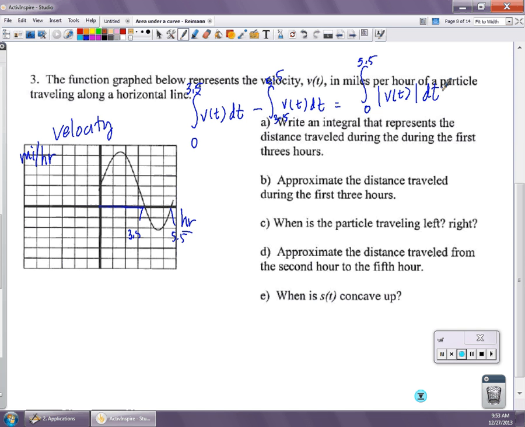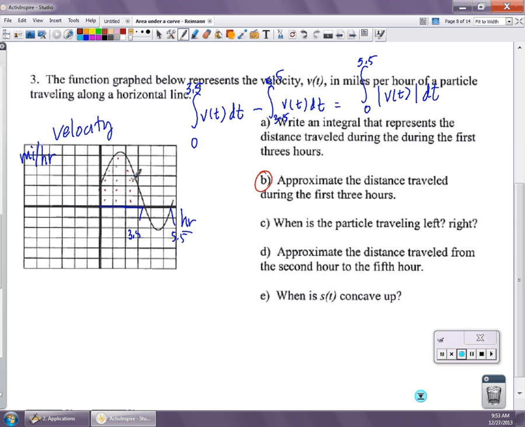All right, letter B. Approximate the distance traveled during the first 3 hours. And at this point, you would simply count blocks. So 1, 2, 3, 4, 5, 6, 7, 8, 9, we'll call this 10, 11, 12.